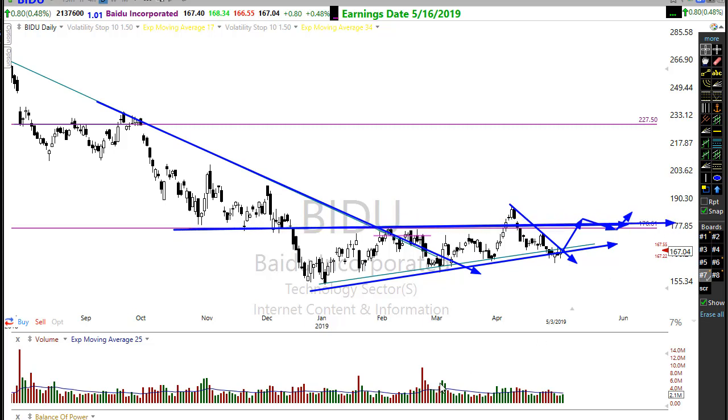If you were an institution trying to build a position, wouldn't this be the area that you would be defending as you build your position? That'd be exactly what you'd want, right? You would be fighting to keep that stock below that level so that you can continue to build your position in the trade.